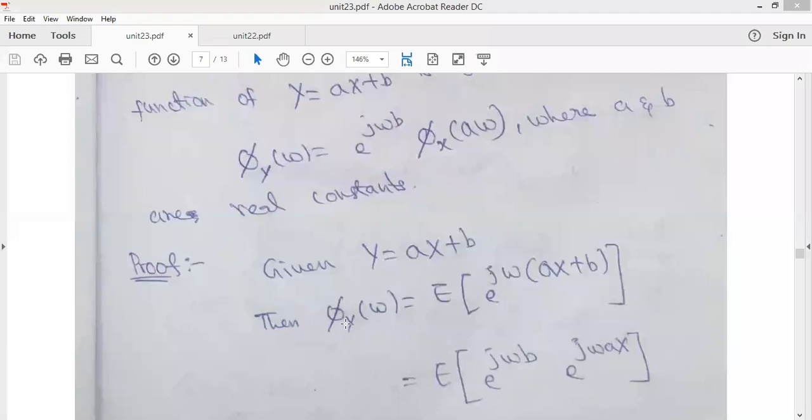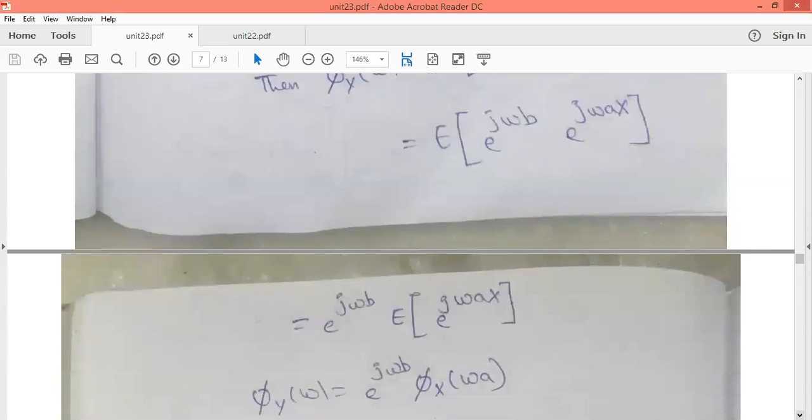So what is phi y of omega? Wherever you have x here, x should be replaced with y. So it is the expectation of e power j omega, now x will be replaced with y. What is y here? Ax plus b. Yes or no? Now we write this complex exponential separately. So you get e power j omega b times e power j omega ax. Now e power j omega b is a constant here, so we write e power j omega b outside.